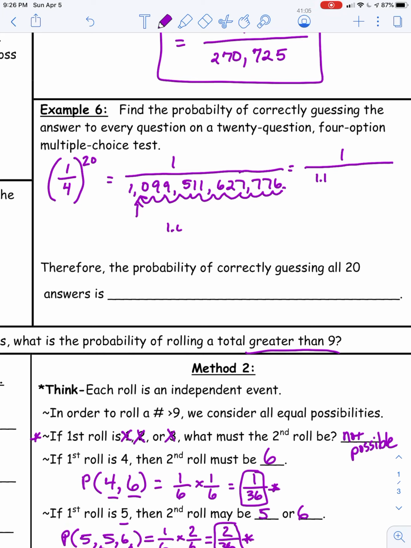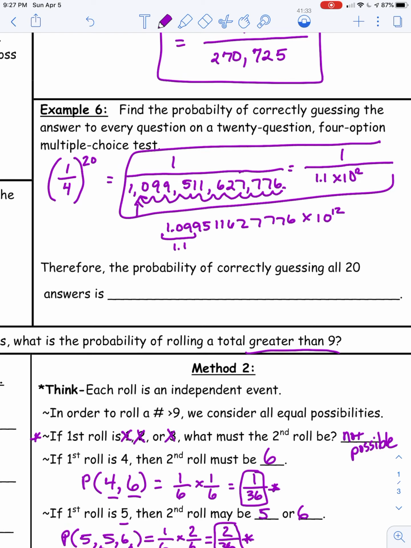So I would think you'd write it like this, and it would be times 10 to the 12th power. But in the book, they must have rounded this to 1.1, because they're telling us that it would come out on your calculator like this, times 10 to the 12. Okay, so either one of these is an acceptable answer.